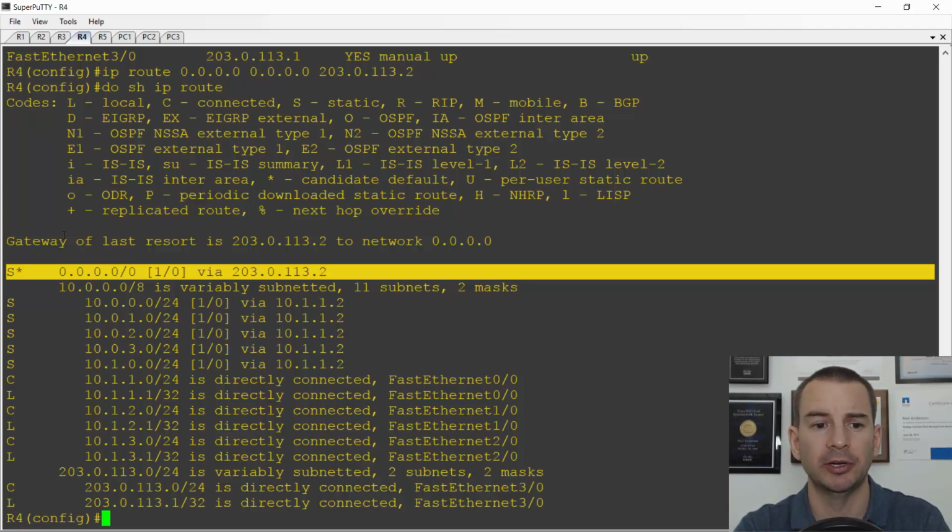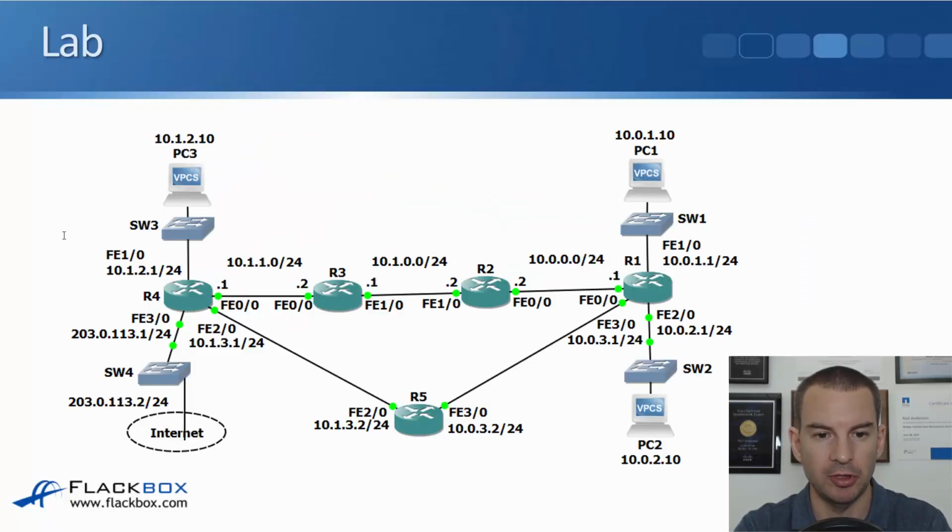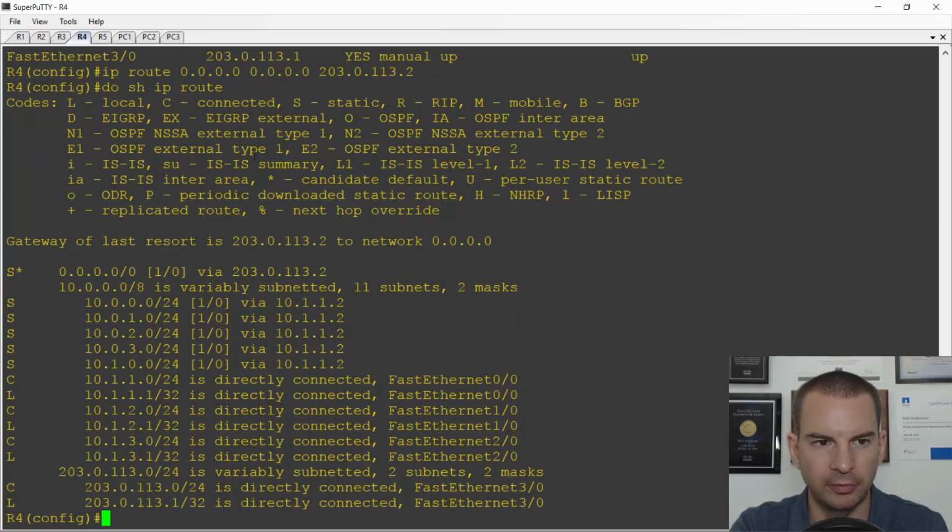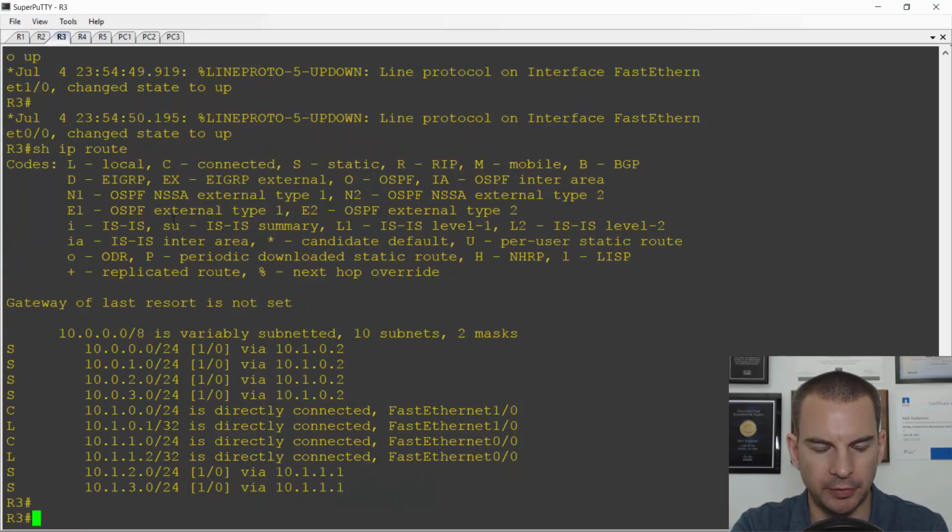Let's also configure default static routes on our other routers as well. So if we go back to the topology diagram, R3 doesn't have direct connectivity to 203.0.113.2, so its route is going to point at the next hop address of 10.1.1.1. So let's configure that one next. That was on R3.